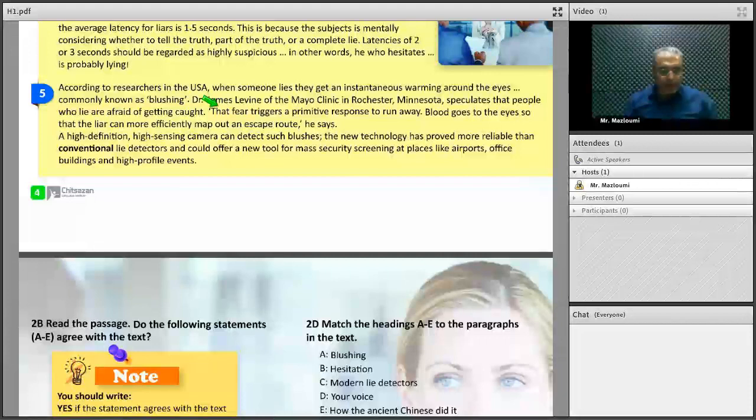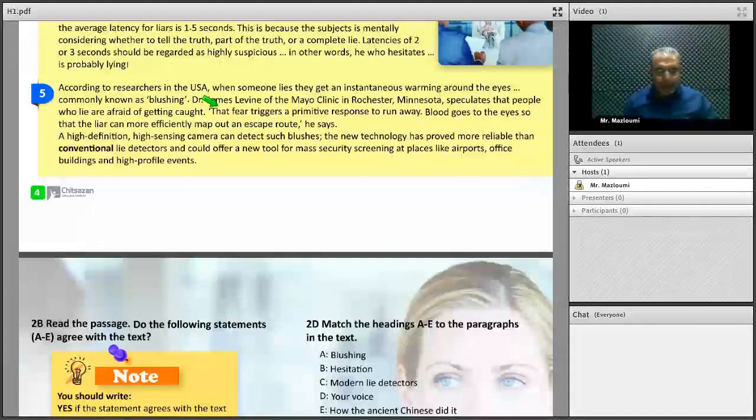So it helps them to make an efficient plan. An HD, or high definition, highly sensitive camera can detect such flashes.